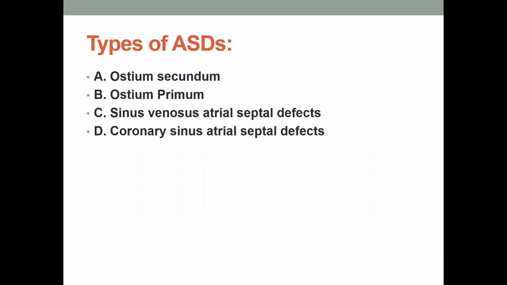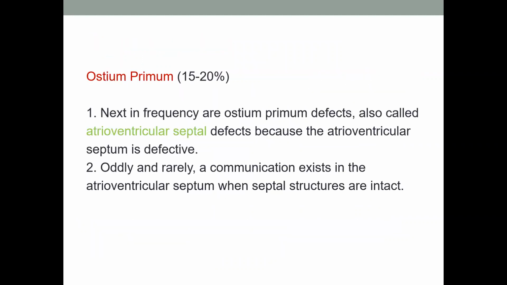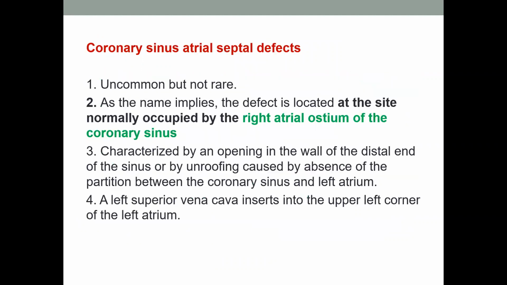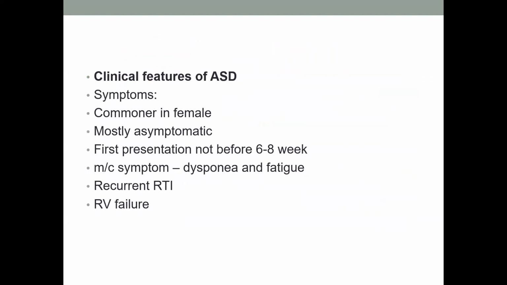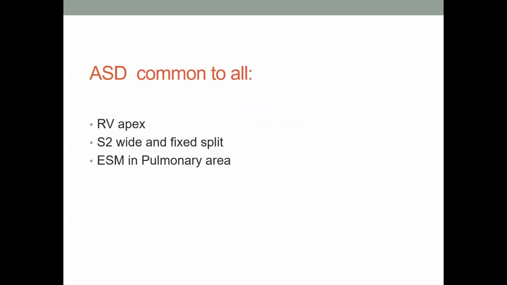These are the 4 types, but clinically we do not distinguish them based on these types. It's very difficult to clinically tell whether it is sinus venosus, secundum or primum, but it's more important for us to see which is the most important part. So let's see what is common.